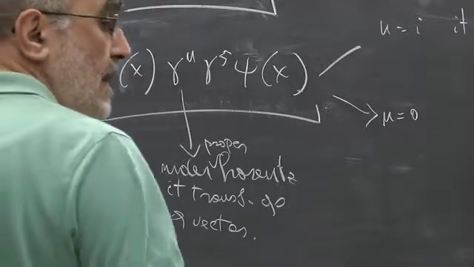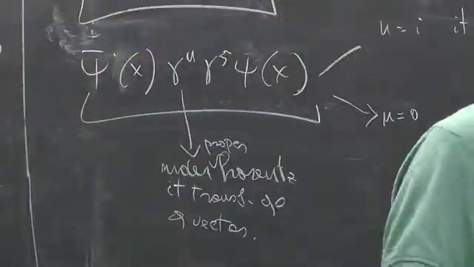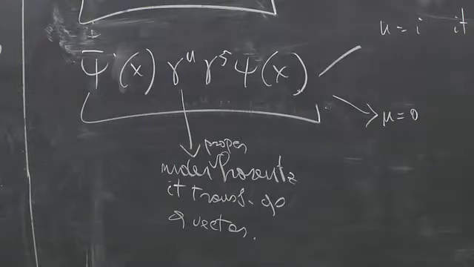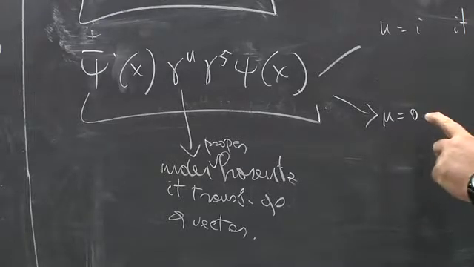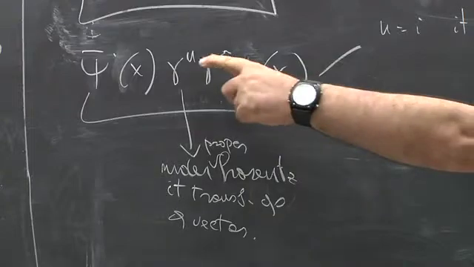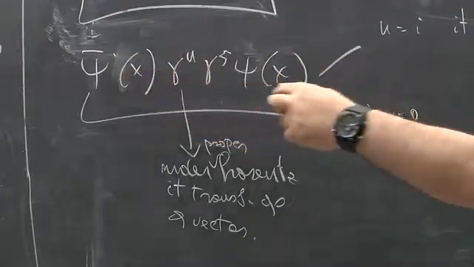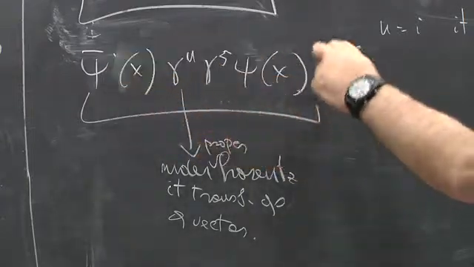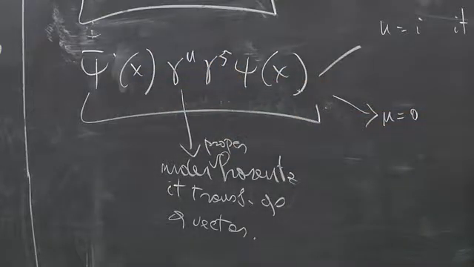But when you do the space reflection, it has a strange property. Different from x, it does not change sign. So we say it's a pseudo vector. And you check at home what happens to the time part of this pseudo vector when I do a space reflection.